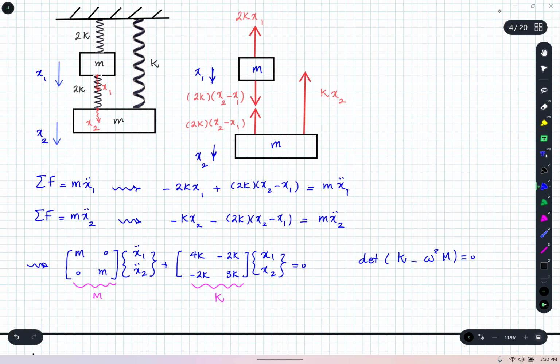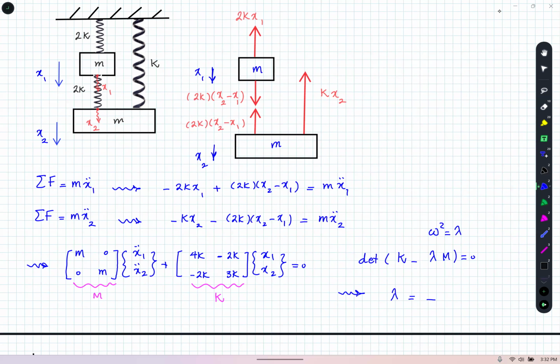Or for simplicity, maybe we call this one lambda, and lambda means omega squared. I'm just going to leave the algebra with you. I tried, and this is the answer I got for lambda: lambda equal to (7 plus minus square root of 17) divided by 2, times k over m.